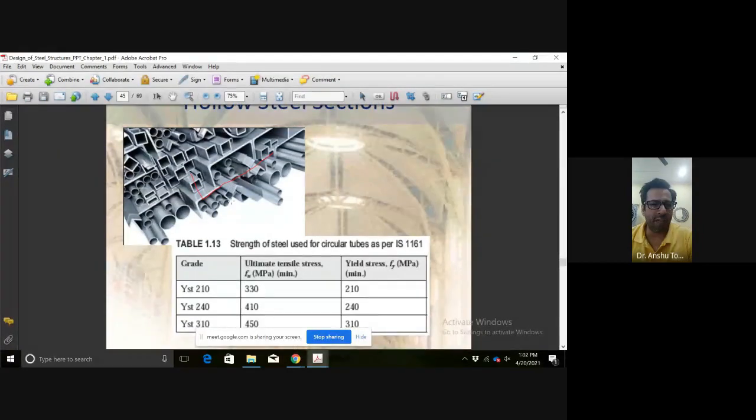And the use we have discussed the other day in my lecture: which type of steel is used. Plain carbon steel is used where, low carbon steel is used where, other type of alloy is used where.